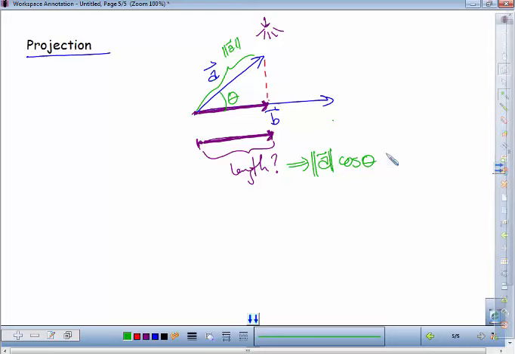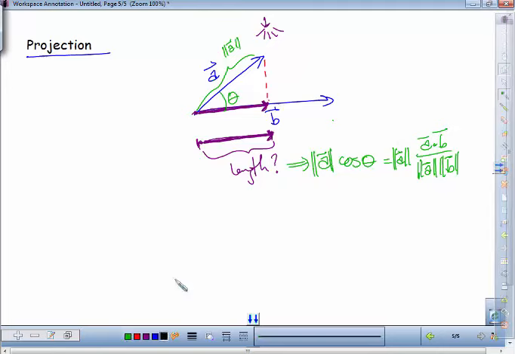If you look at that geometric definition and solve for cosine theta, you get the dot product divided by the magnitudes. So let's replace cosine theta with that. Looks like the A's would cancel, and then just A dot B divided by magnitude of B.